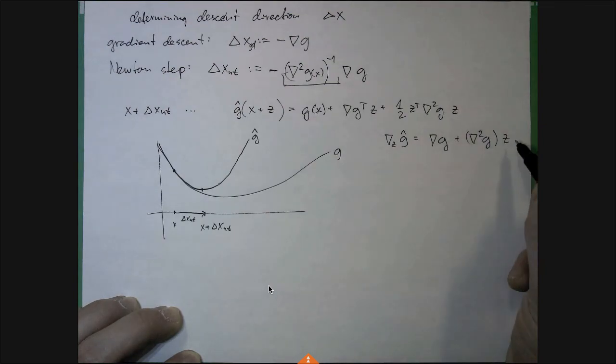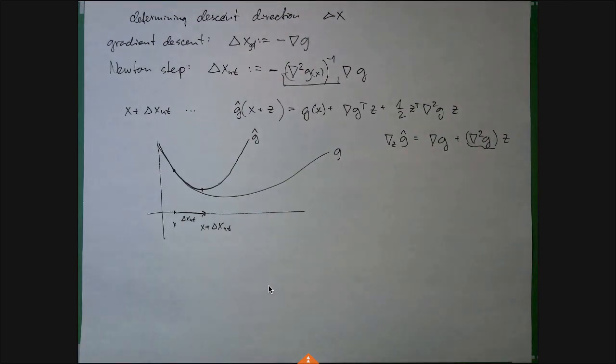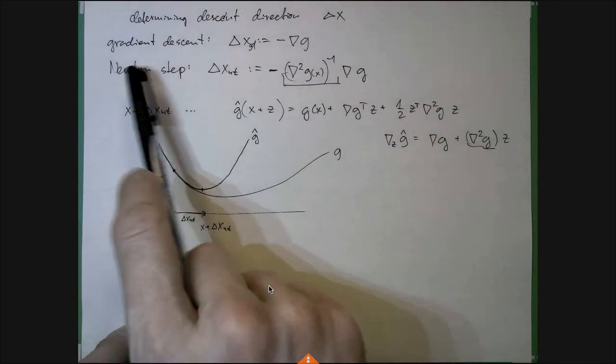Now I want to set it to 0, and now you can see where the inverse is coming from, right? This Hessian needs to get inverted. There are different ways to understand the Newton step.